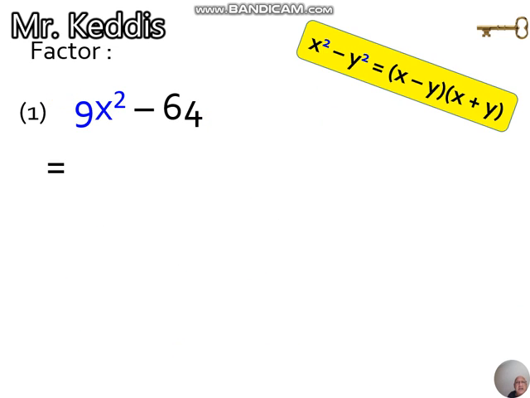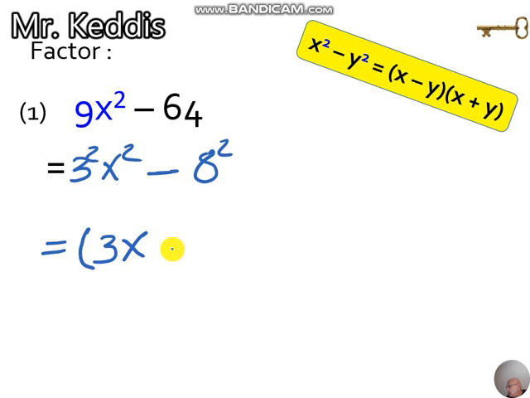To factor 9x squared minus 64, I write 3 squared here. 9 is 3 squared, x squared minus 8 squared, and this became (3x) quantity squared minus 8 squared.